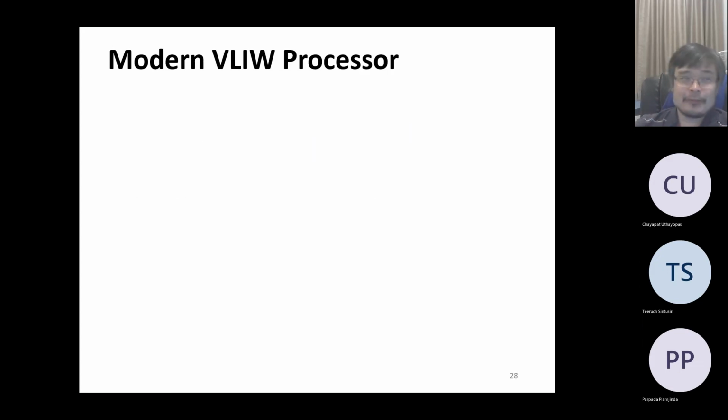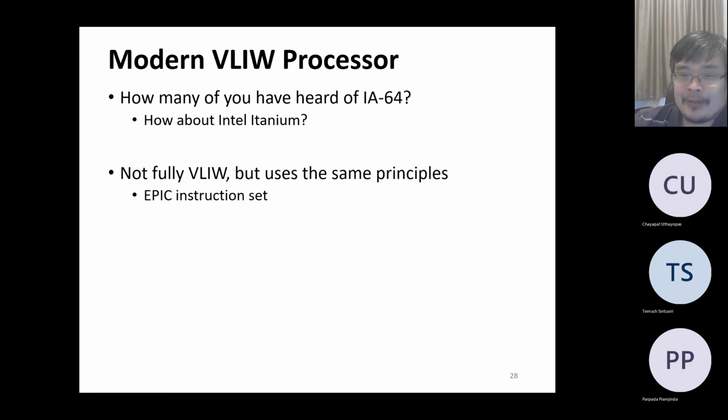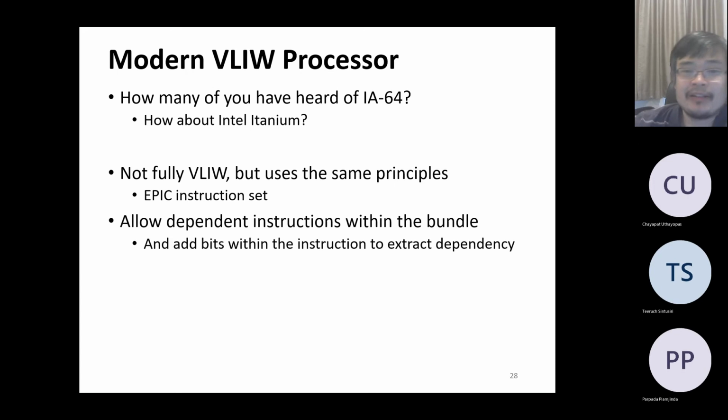This is pretty restrictive, but there was a modern VLIW processor that actually got discontinued recently, right? If you've heard of IA64 or Intel Itanium, that's not fully VLIW, but it does have the EPIC instruction set that can put a bunch of independent instructions into a bundle, right? And then it would allow the dependencies to be extracted from this bundle of the application.